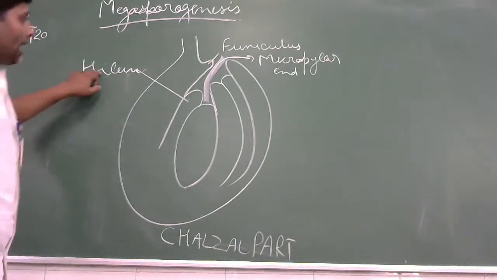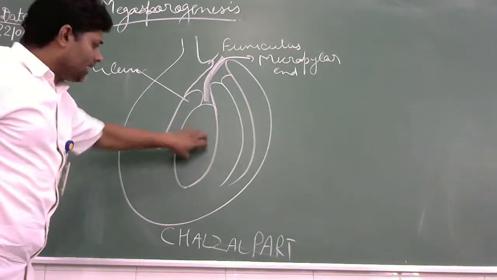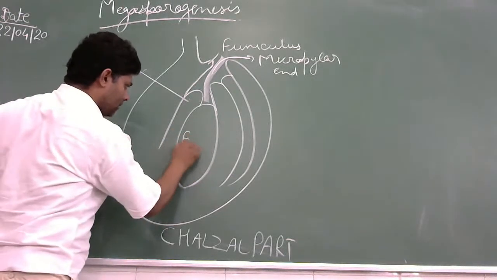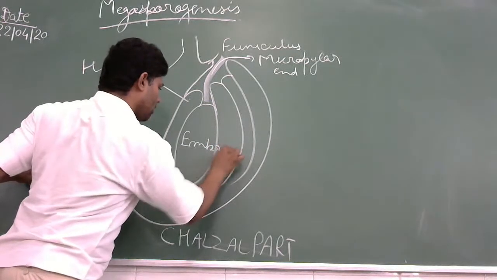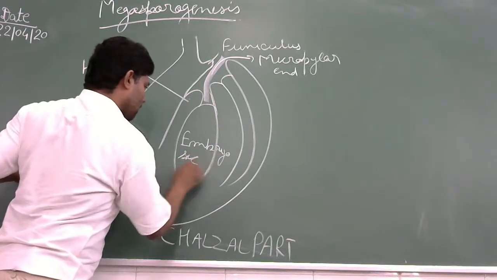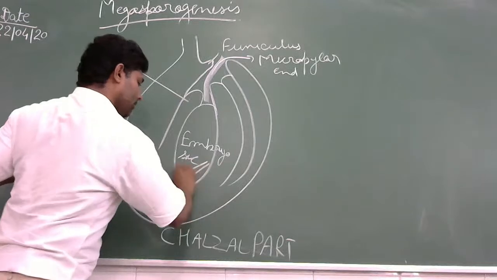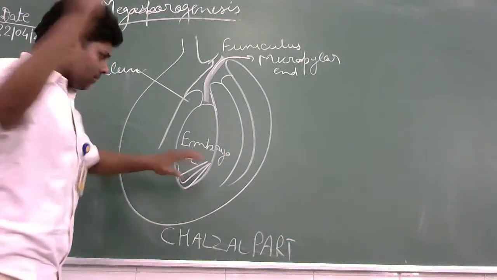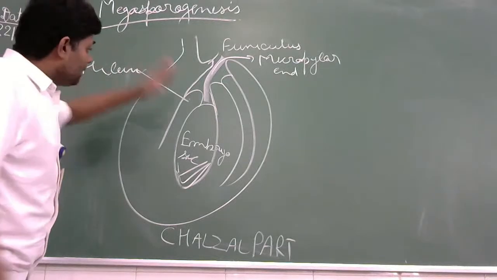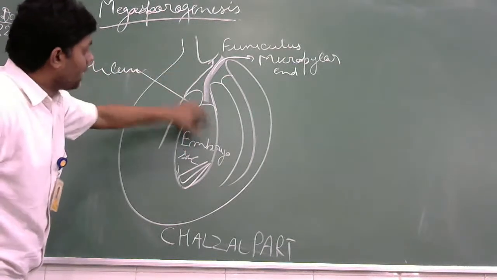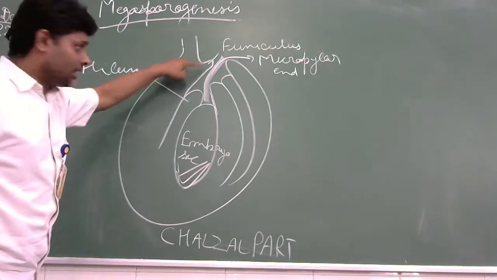What is the hilum? And the main thing is the embryo sac. This is the main part, right? This hilum attaches the embryo sac to the funiculus, right?